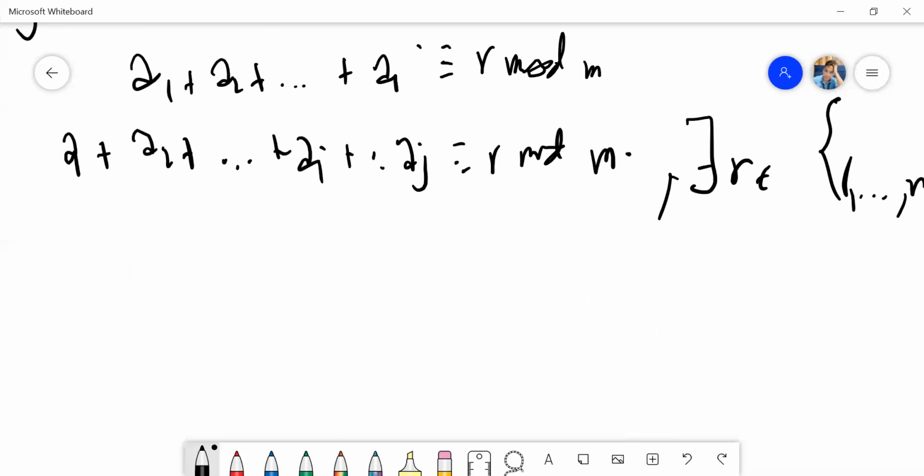So what's next? According to the property of the modulo, they have the same R mod M here, which means I can equate them.